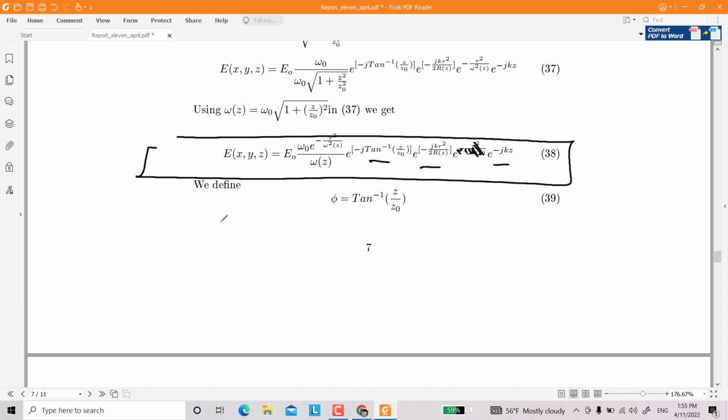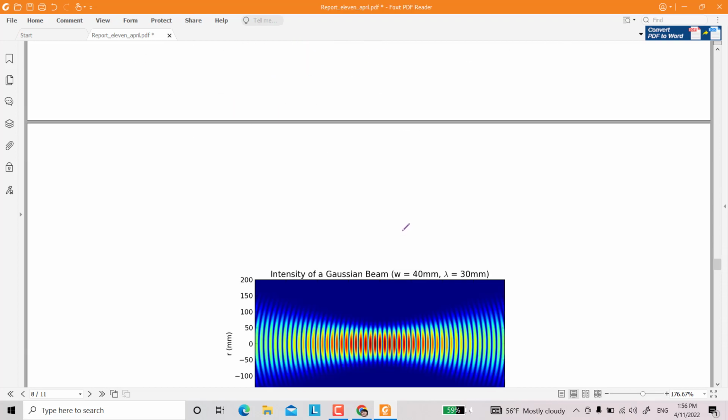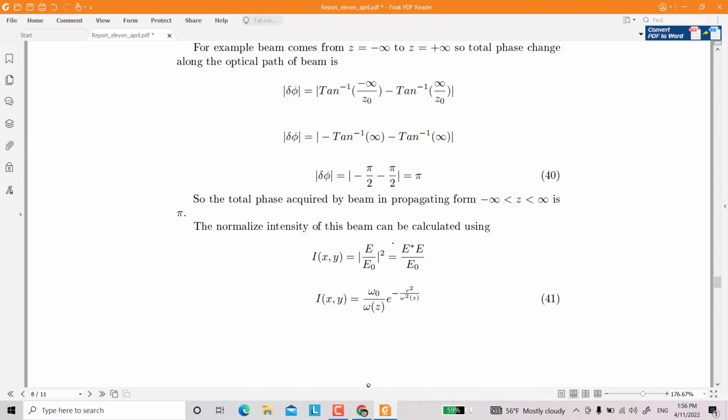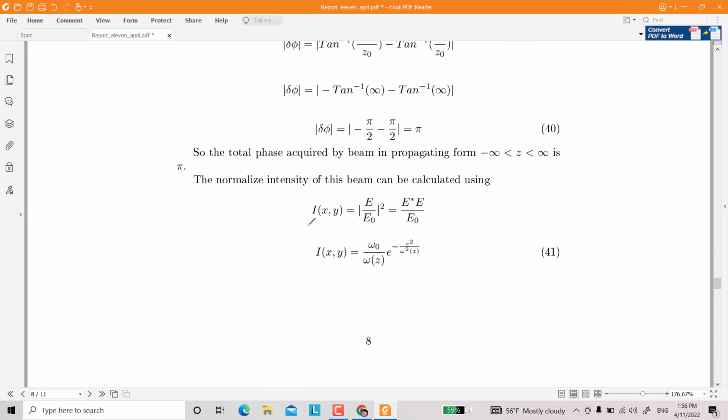So this is the electric field. If you take the complex conjugate of this electric field, this becomes positive. So we have the electric field E and the complex conjugate electric field E star. And if we find intensity using this formula, this is the intensity if you do not divide by E naught. If you divide it, then it is called normalized intensity.